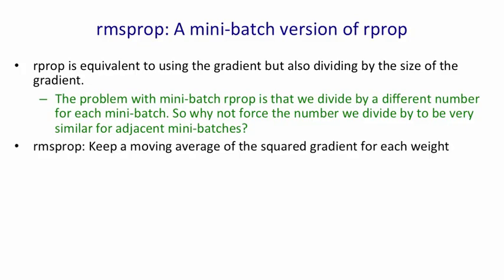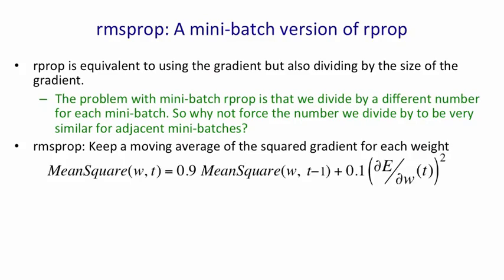We do that by keeping a moving average of the squared gradient for each weight. So MeanSquare(w, t) means this moving average for weight w at time t, where time is an indicator of weight updates. Time increments by 1 each time we update the weights. The numbers I put in of 0.9 and 0.1 for computing the moving average are just examples, but they're reasonably sensible examples.